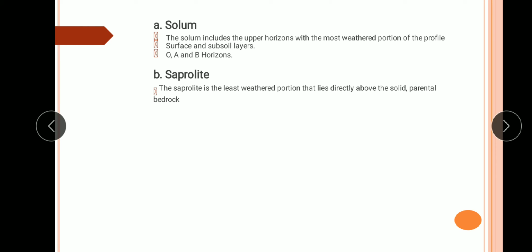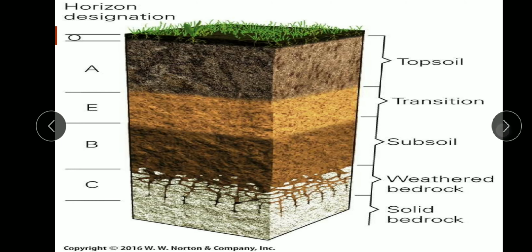The O, A and B horizons are called the solum. Then the saprolite is the least weathered portion that lies directly above the solid parent bedrock.